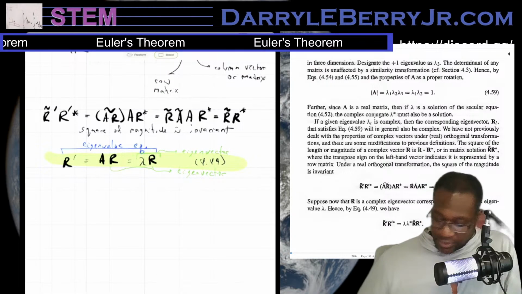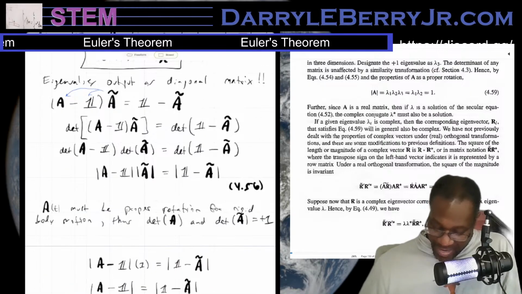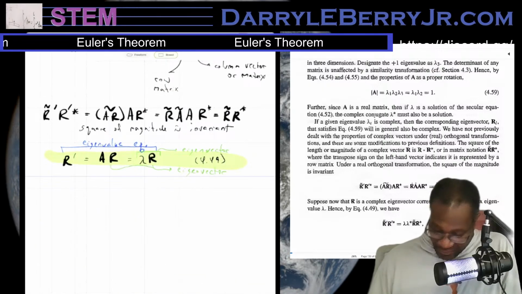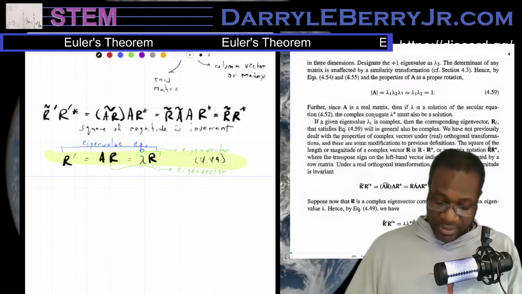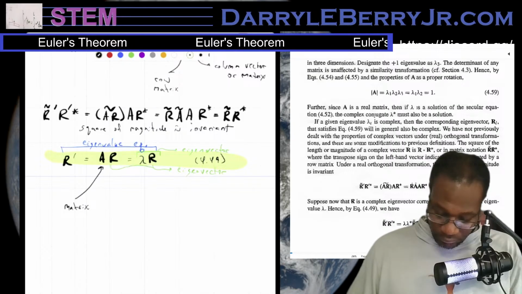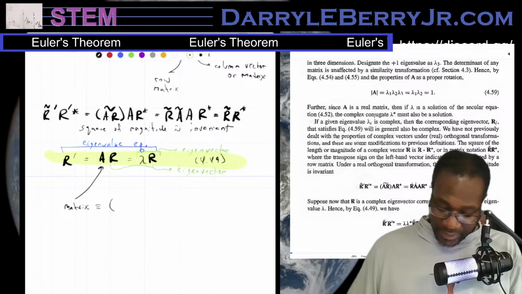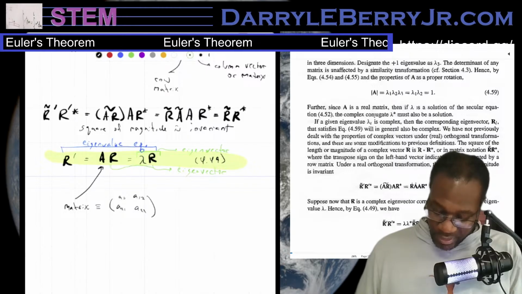Okay, so these are vectors or matrices. Going back to, matter of fact, I just copied it here. So let's say that we have a matrix, which would be something like this: A11, A12, A21, A22, for example.